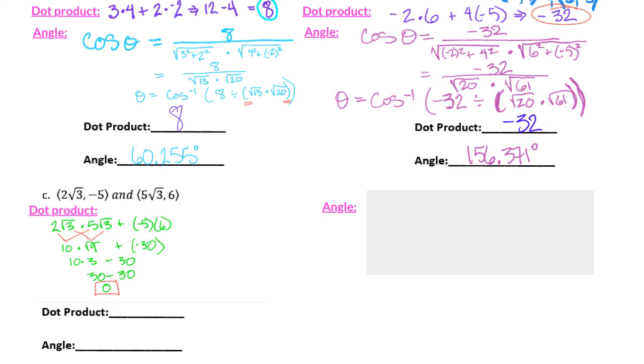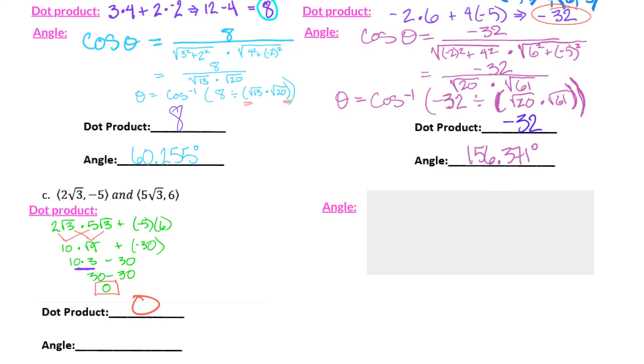Root 3 times root 3 is root 9, and the square root of 9 is 3. So we're going to have 10 times 3, which is 30. And then negative 5 times 6, we get negative 30. So 30 minus 30 is 0. So our dot product is 0.